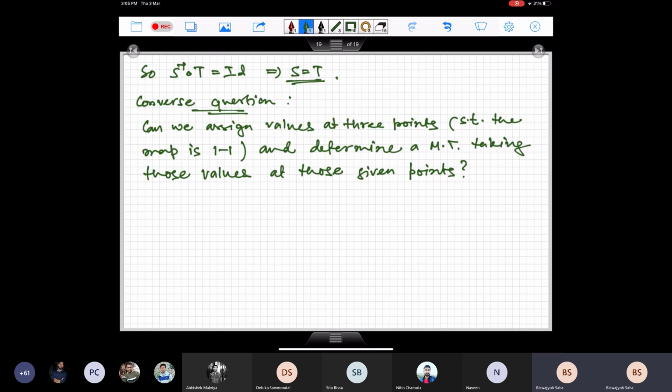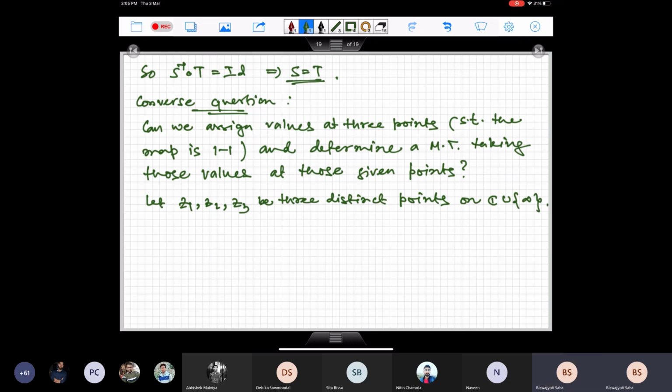So let Z1, Z2, Z3 be 3 distinct points on C union infinity. Of course, infinity is allowed.